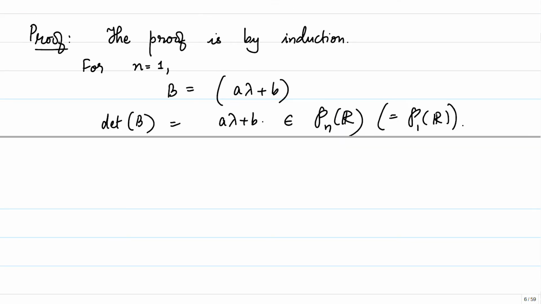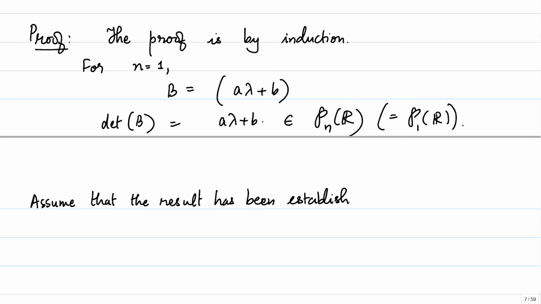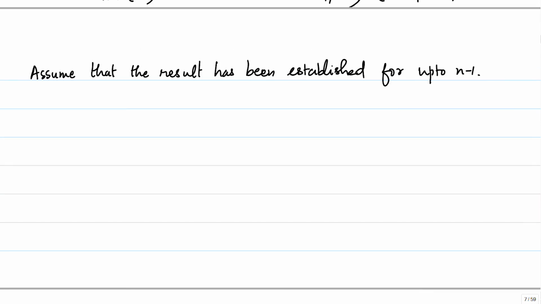Now let's assume the strong induction hypothesis. Assume that the result has been established for up to n minus 1. So we would like to now take the case when A is an n cross n matrix and then prove the result. Okay, so how about jumping into that?